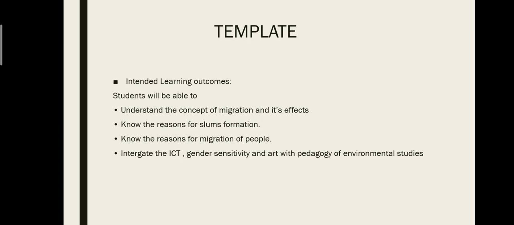Next, intended learning outcomes. Here, the students will be able to understand the concept of migration and its effects. The learning outcomes belong to only this particular lesson: know the reasons for slum formation, know the reasons for migration of people, and integrate ICT, gender sensitivity, and of course art with the pedagogy of environmental studies.